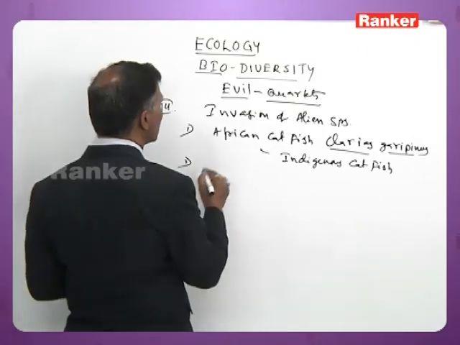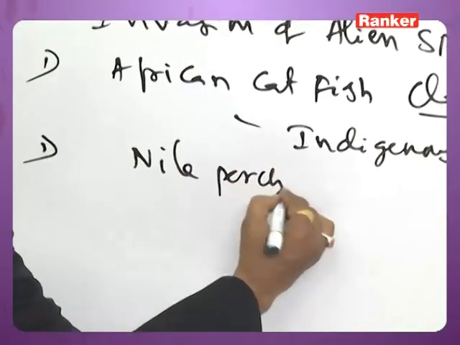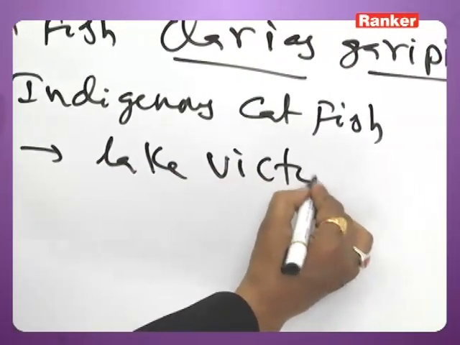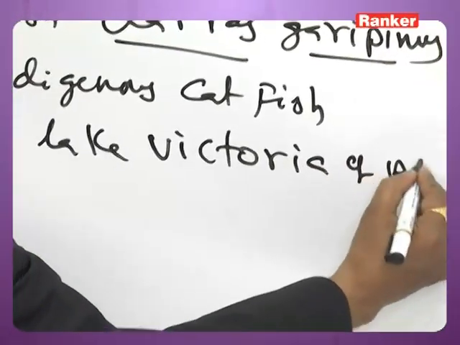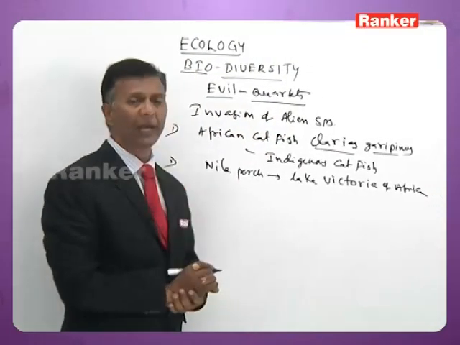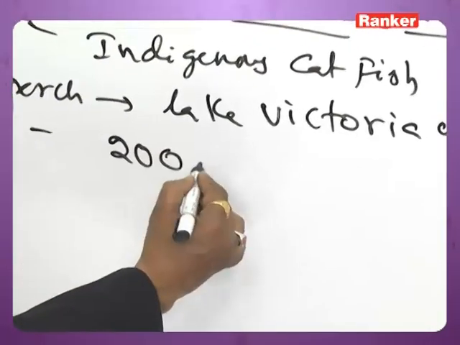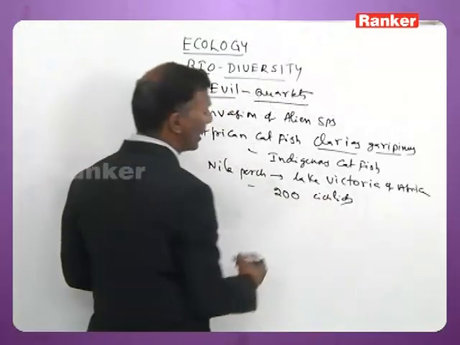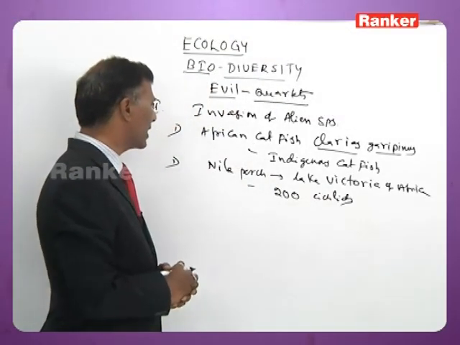The next one is Nile perch, introduced into Lake Victoria of East Africa. It caused the death of more than 200 different varieties of cichlid fish.